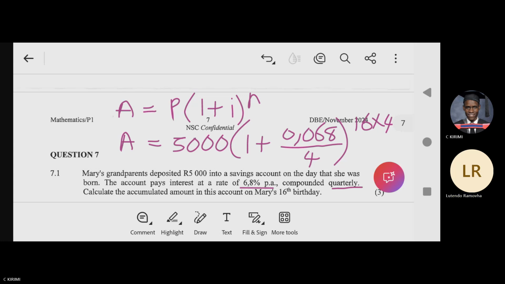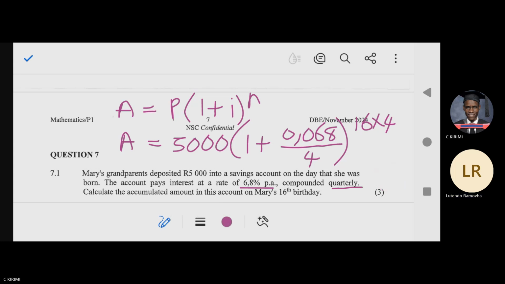We are getting 14,706. 14,706. 706. How many cents? 56 cents. 56 cents.